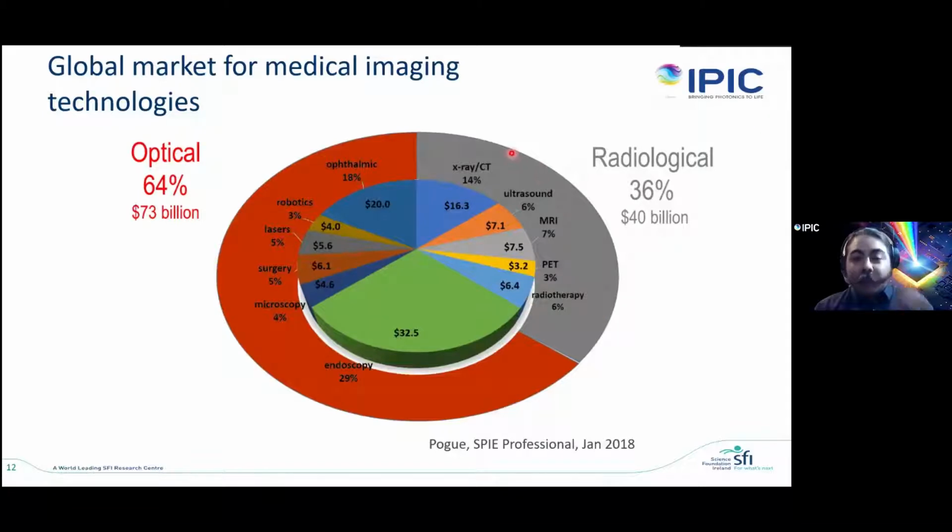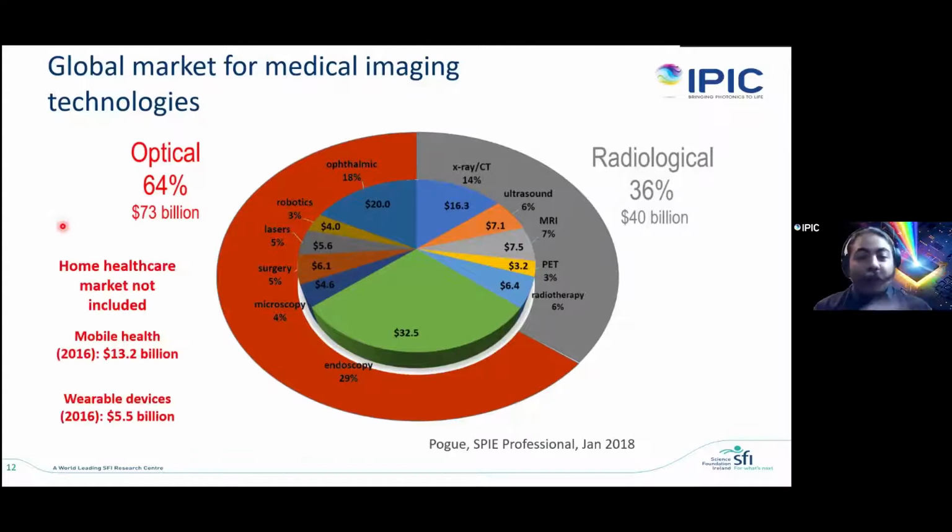But actually, the market for the radiological technologies is much smaller than the optical. The light-based technologies have almost double the size of the market compared to the radiological.